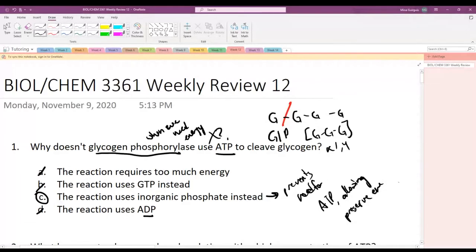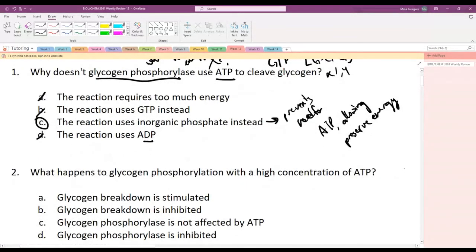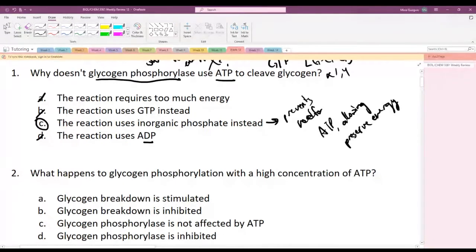Okay, so what happens to glycogen phosphorylation with a high concentration of ATP? The word that I just said, glycogen phosphorylation, is the same as the glycogen cleavage reaction of glycogen phosphorylase. It's a little bit of a weird reaction. Normal reactions that we've been using are hydrolysis, right?